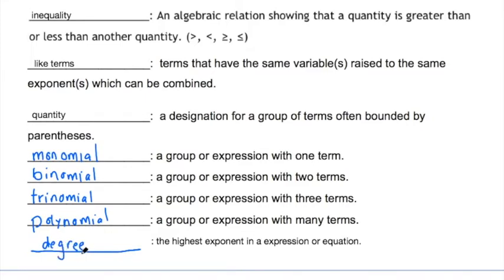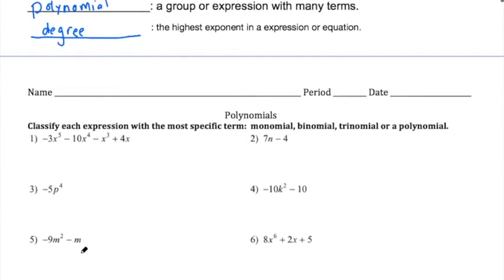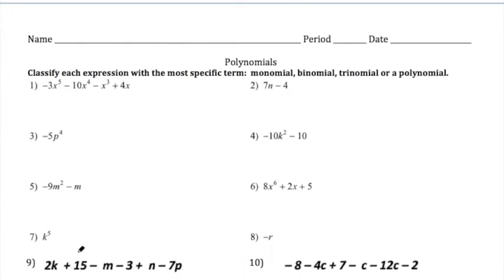So we're going to look at how we can identify all of these in some examples on the next page. Okay, so on this page it says classify each expression with the most specific term, monomial, binomial, trinomial, or polynomial. We'll start with that first, then I'm going to change the directions a bit. So we need to figure out how many terms there are.